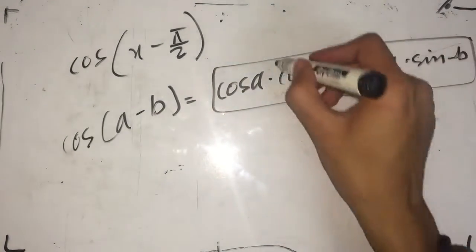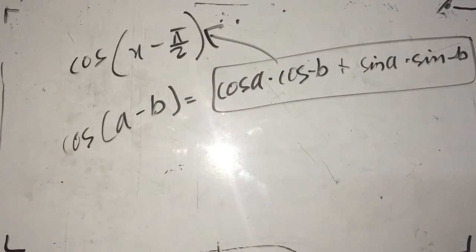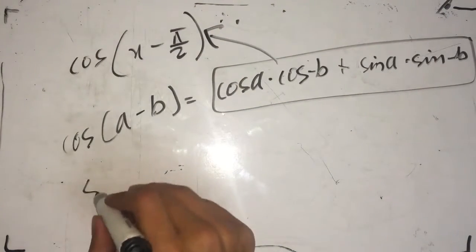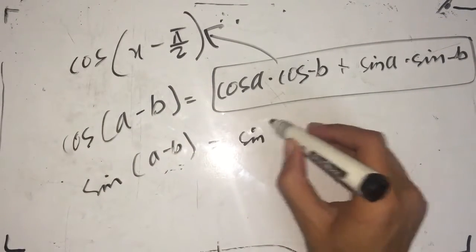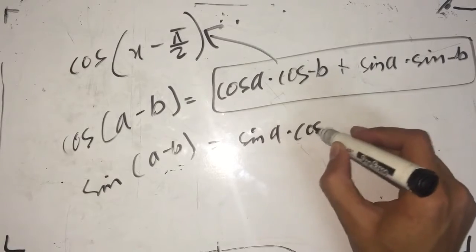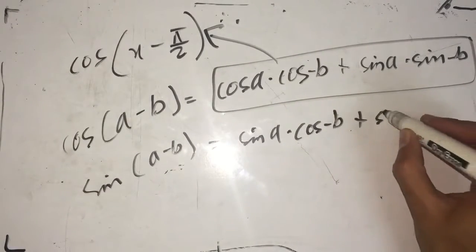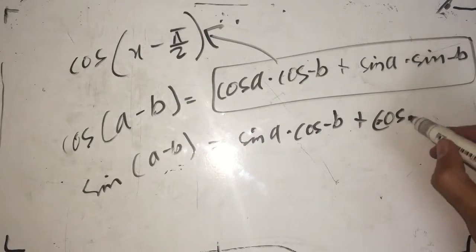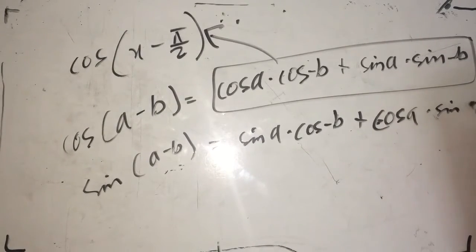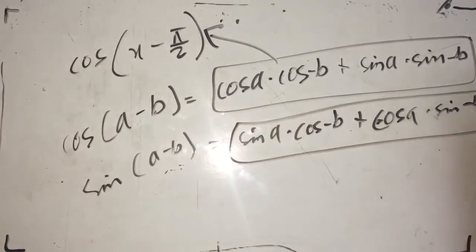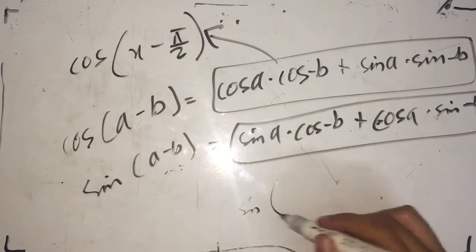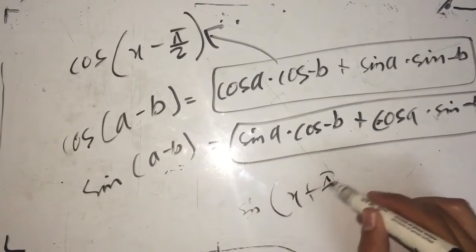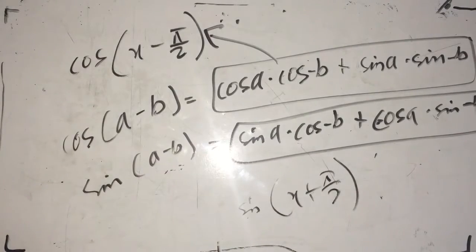With this formula you can solve this question. And sine of a minus b equals sine of a dot cos of b minus cos of a dot sine of b. So you can use these two formulas to solve questions, for example, sine of x plus pi by 2. Using these formulas you can easily solve these questions.